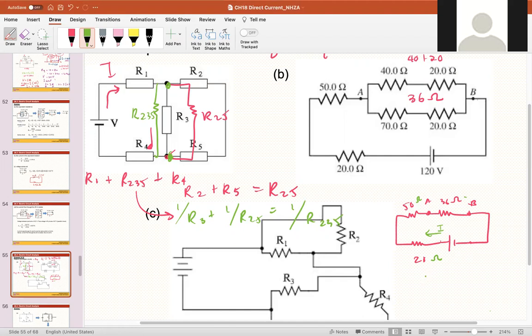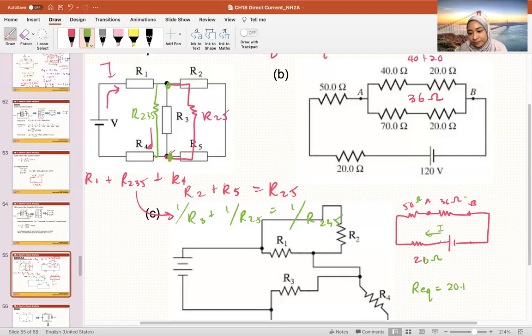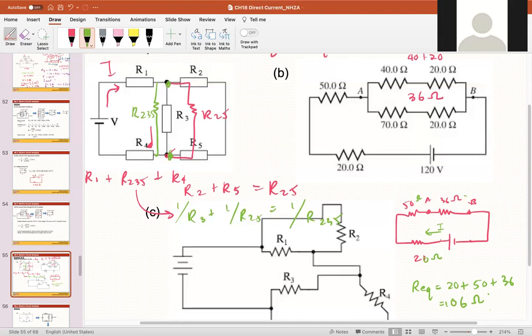Since it is series, so we just add. So R equivalent equals 20 plus 50 and 36. So 106, right? 106 ohm.